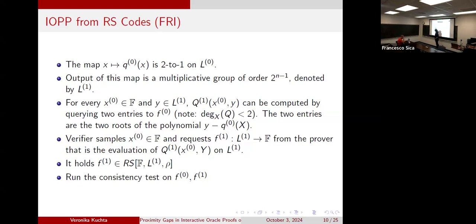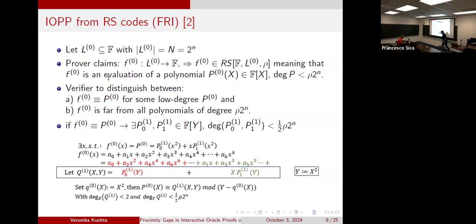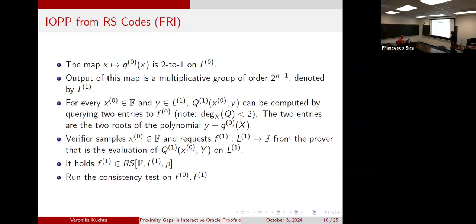But first of all, for each x0 and y now from this domain L1, the polynomial Q1, remember from the previous page, if you evaluate this polynomial in x0 and y, this polynomial can be computed just by making two queries to the original proof oracle f0. And these two entries are just the two roots of the polynomial y minus x squared.